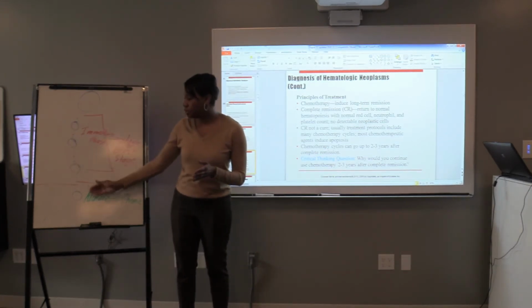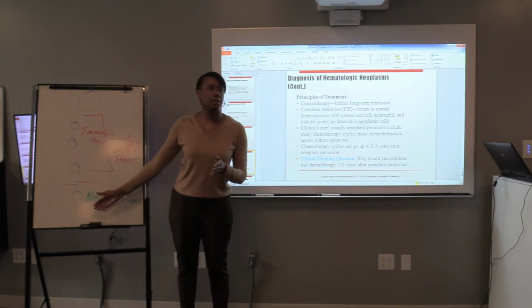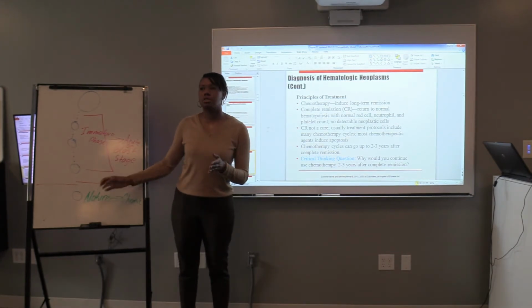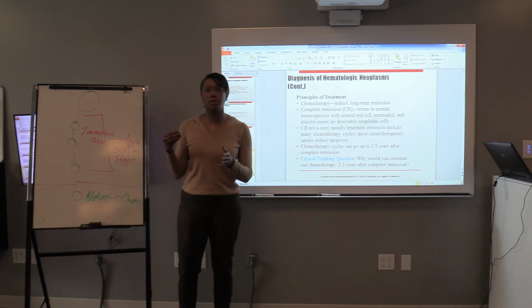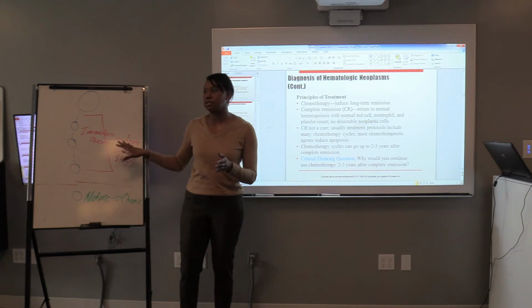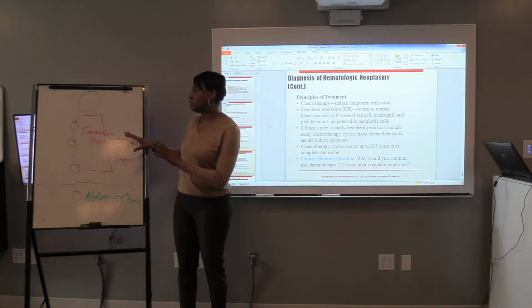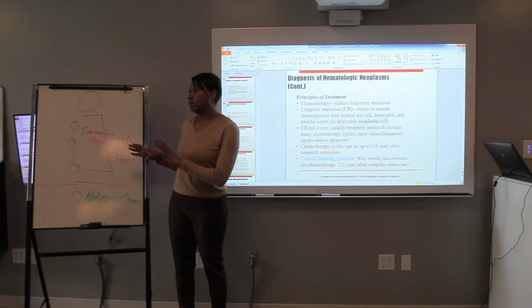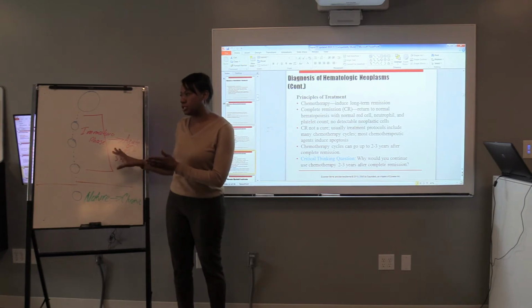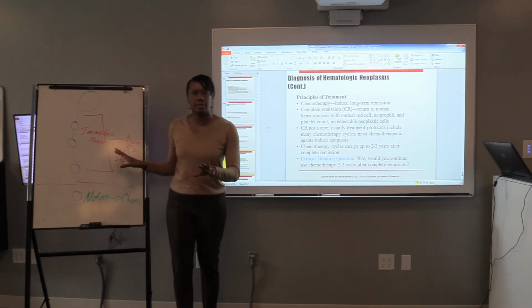And now we're going to continue to have another leukemic cell come down the line. Okay, so this is the reason why they continue chemotherapy. They want to be a little more proactive in this situation, so that it's easier to manage this cancerous state. Okay, does that make sense?